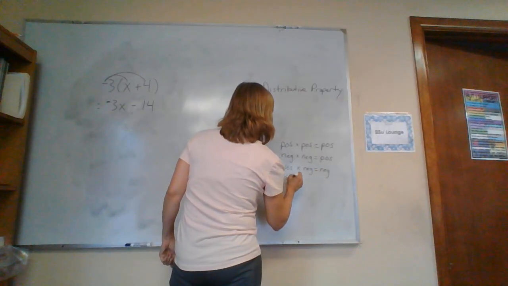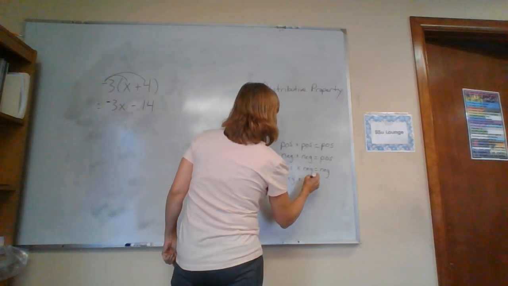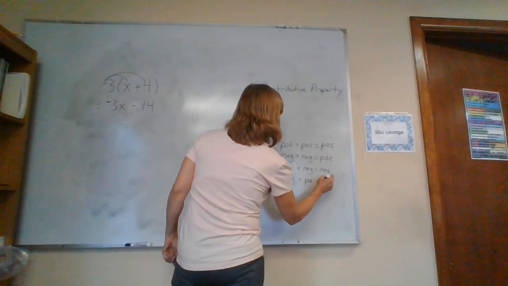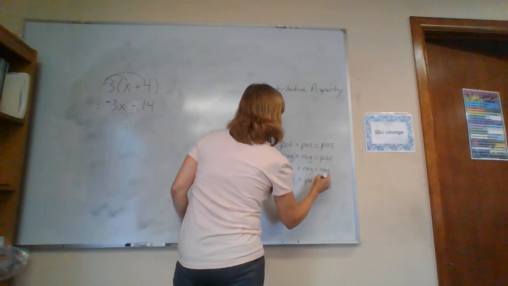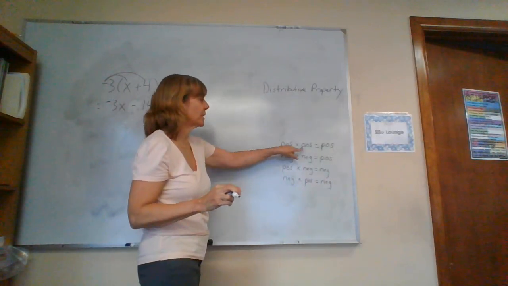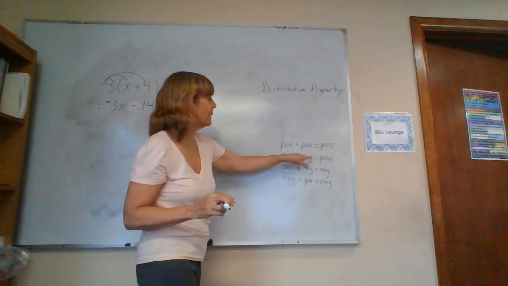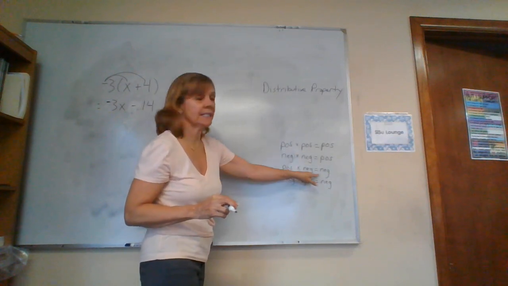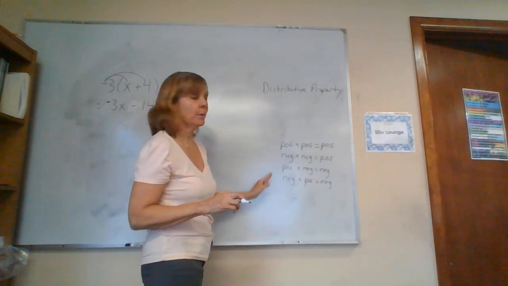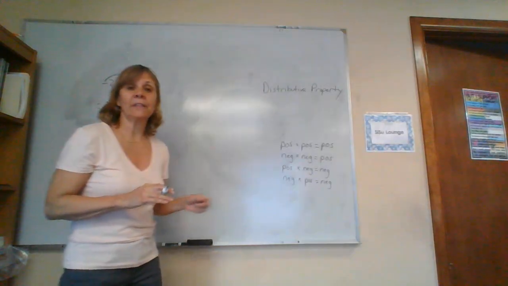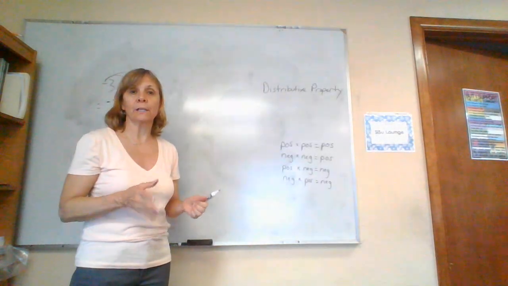And a negative times a positive is also a negative. So if you were dealing with two numbers at a time, if the signs are the same, it's a positive answer. If the signs are different, it's a negative. Very important to understand. But again, if nothing else, you'll have your calculator.